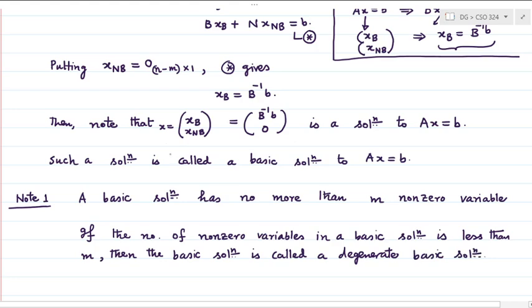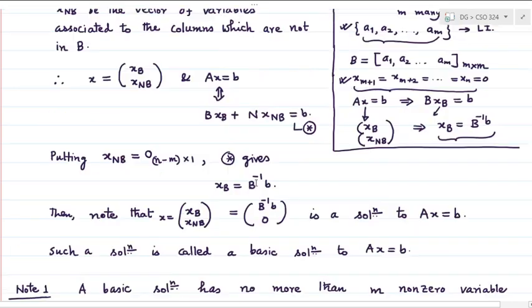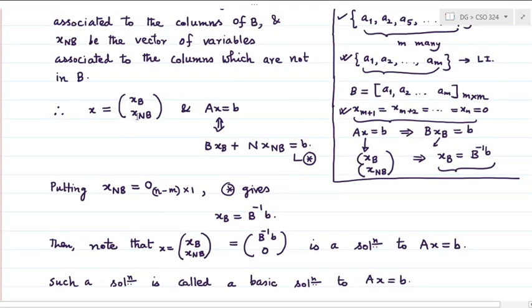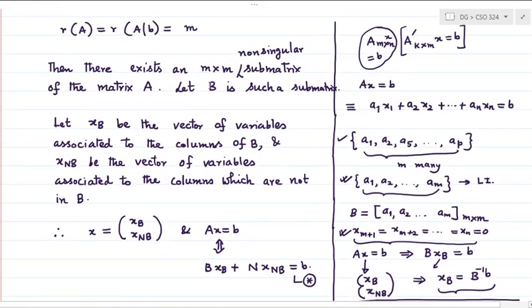And here, this is a nomenclature, degenerate basic solution, and here any variable in xb is called a basic variable corresponding to a chosen capital B. So once you have chosen a non-singular submatrix capital B, we note that corresponding to capital B, obviously you have m many columns. Corresponding to every column of the matrix capital A, you have an associated variable.